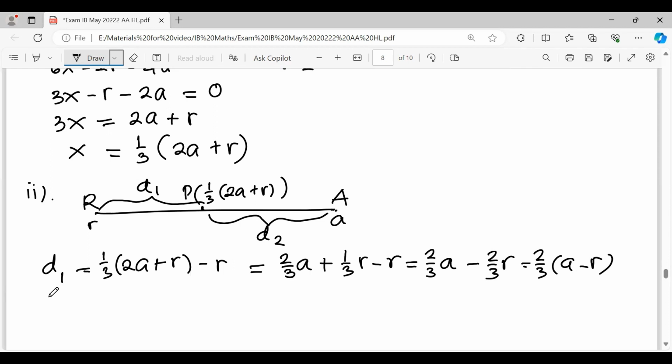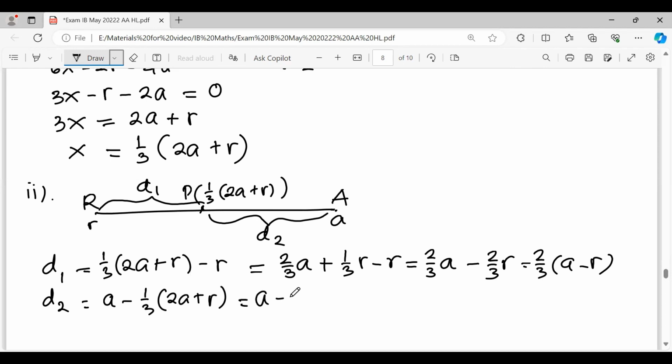And the second distance, D2, is a, because this is a from this point to this point, a minus 1/3 times (2a plus r).